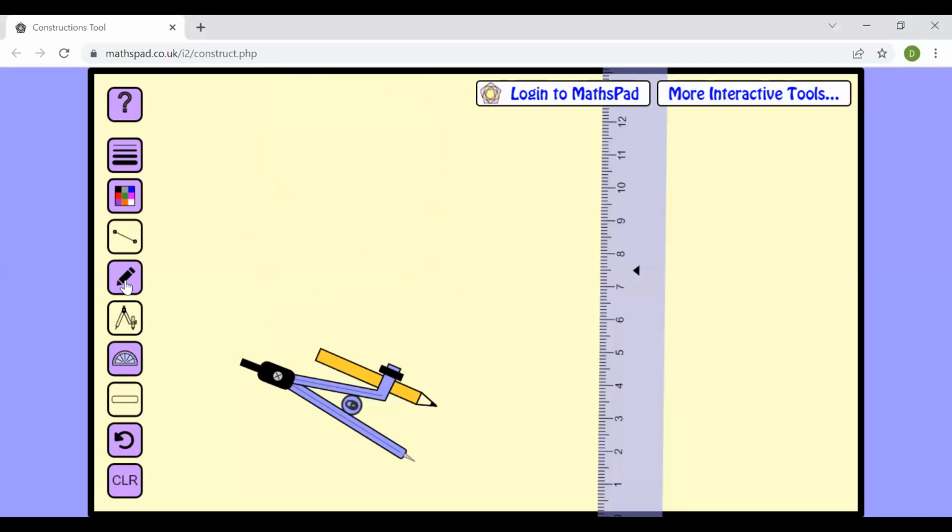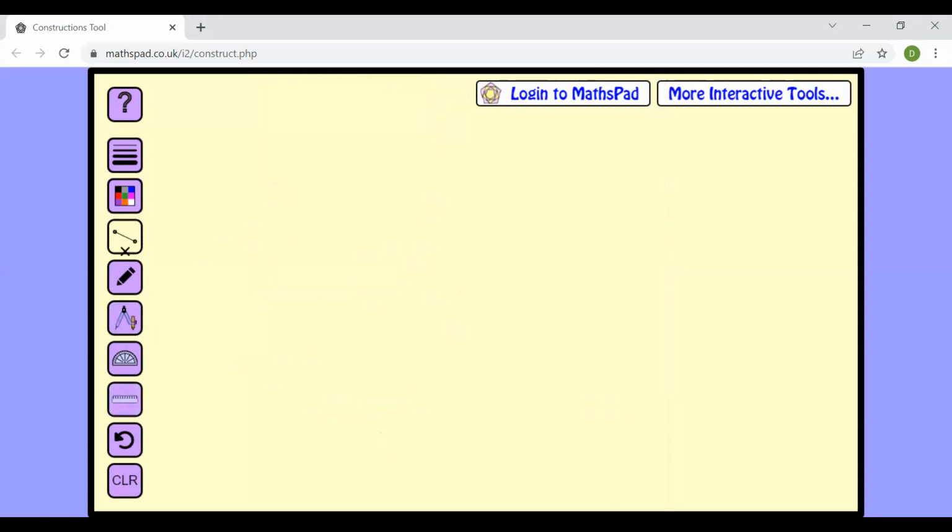So what is the question? Note down the question first. You have to draw a quadrilateral in which 4 sides are given.